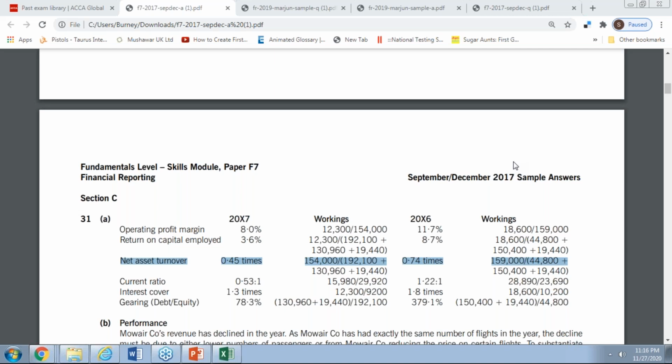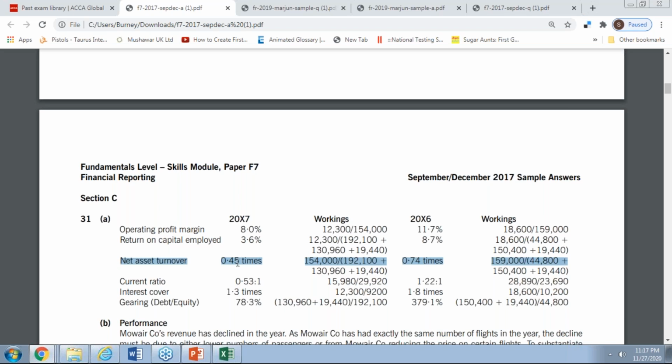So can you recalculate the asset turnover, removing the effect of revaluation? 0.78 times. Wonderful. So that means previously we have got 0.74 and now we have got 0.78.